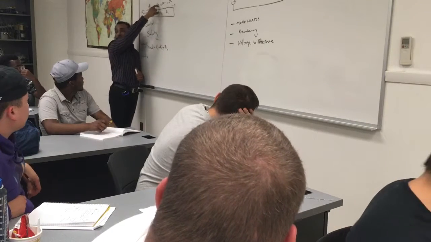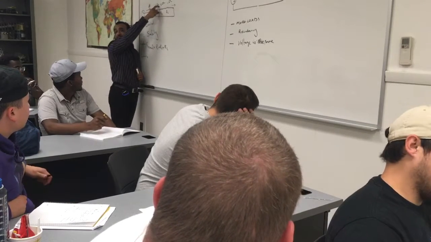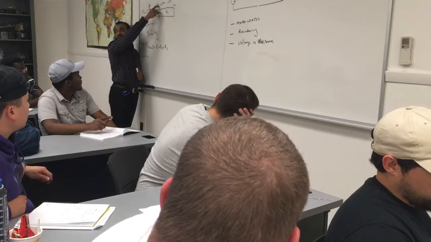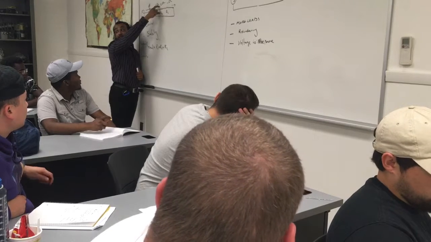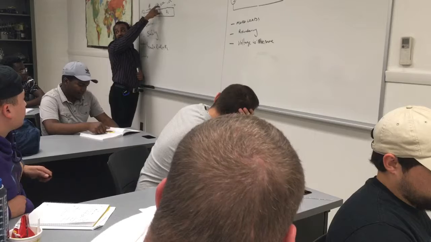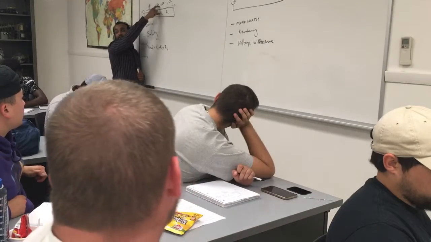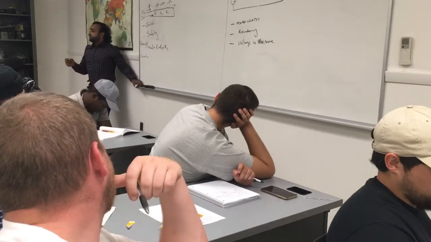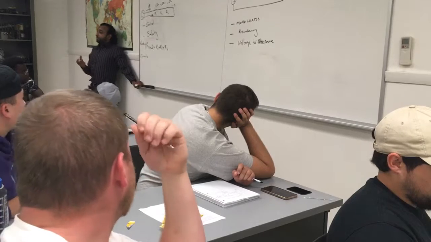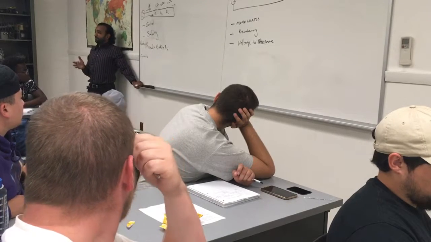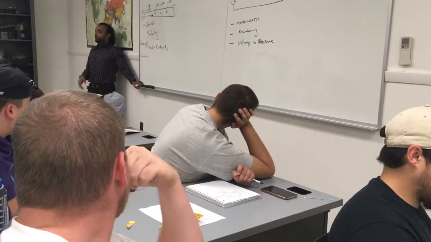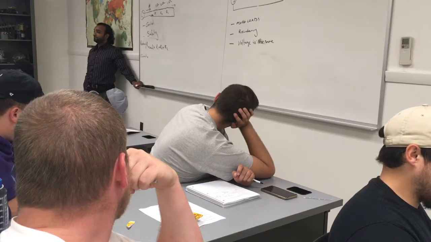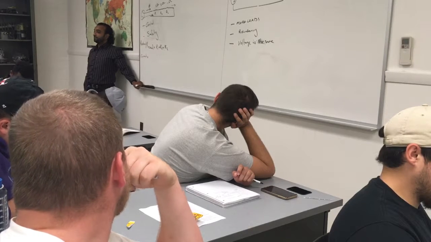What if I clip on here? You get a number. Is it going to be the same, bigger or smaller? I'm talking about current now, flow. When we clipped the ammeter on the black wire, what was it? 0.5, right? When we put it on the white wire, what did we get?